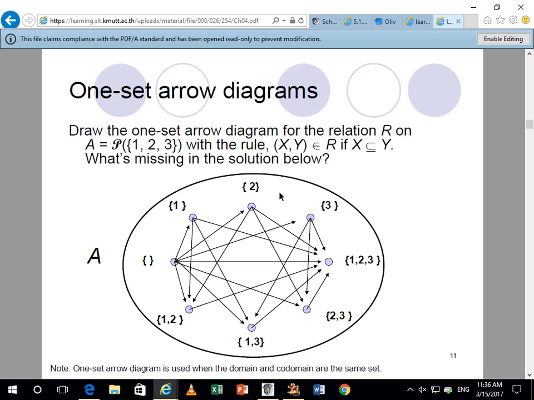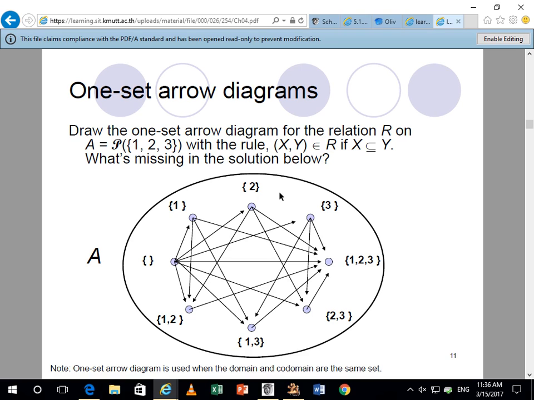So next, we'll talk about one set arrow diagrams. Let's start out with A as the power set of {1, 2, 3}. That means the empty set, {1}, {2}, {3}, {1, 2}, {2, 3}, {1, 3}, and {1, 2, 3}.